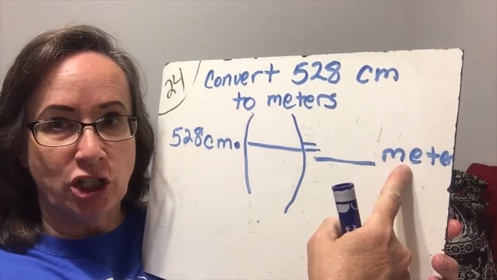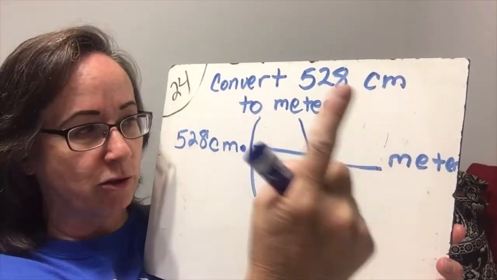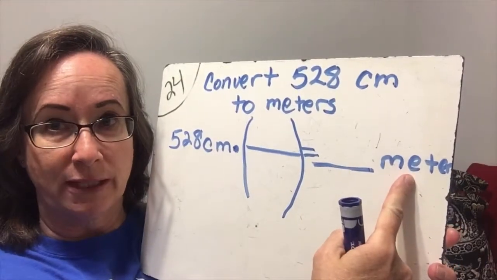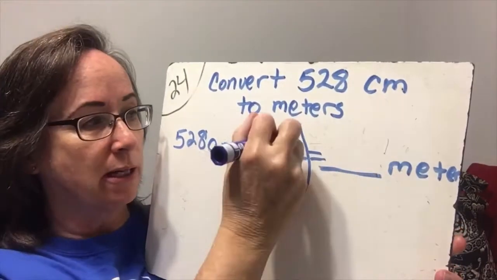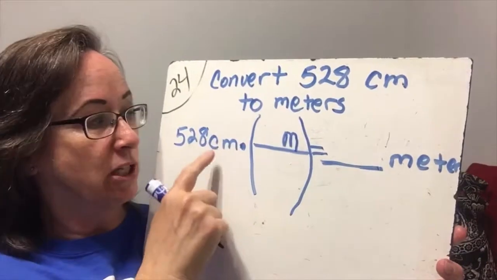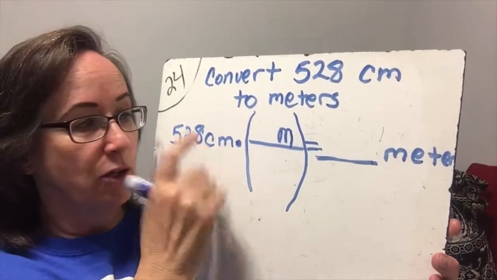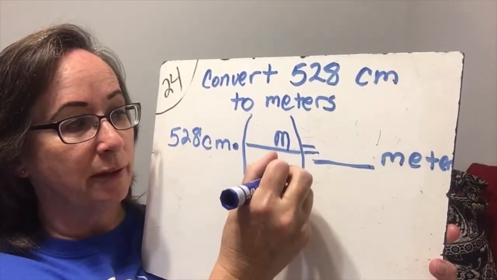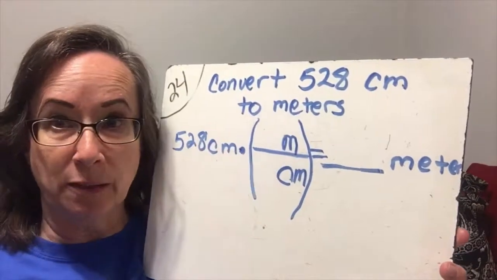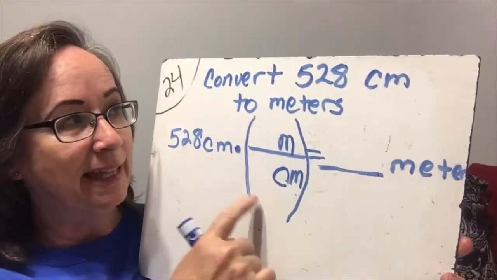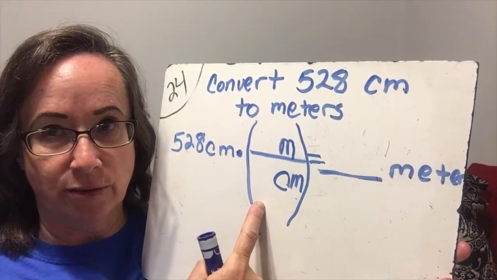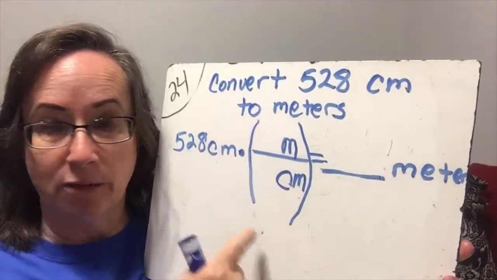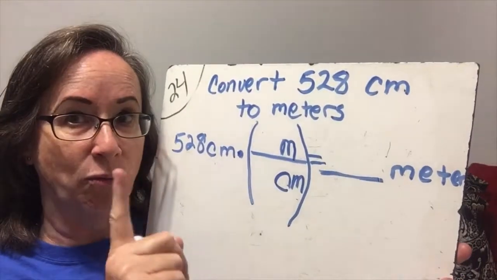Since I'm going to meters, remember what I told you, we're going to put meters on the top because that's where we want to go. We want to lose the centimeters. So we're going to put the centimeters on the bottom so the centimeters and the centimeters will cancel. And then we have to make this a true statement. It's not a true statement right now. We need to make it equal 1.